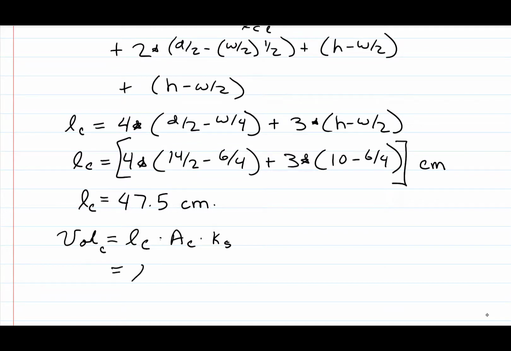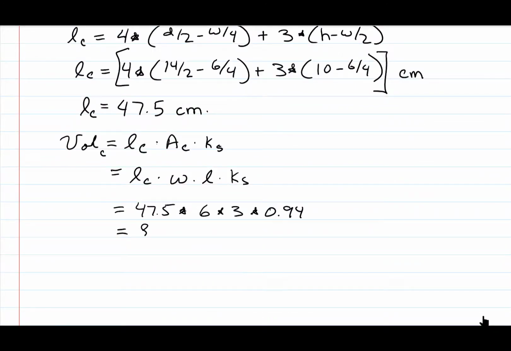And so we have L_C times W times the stack length L times K_S. We're going to leave our volume also in centimeters, and the volume is 803.7 centimeters cubed.